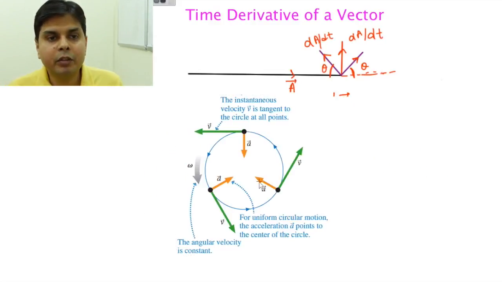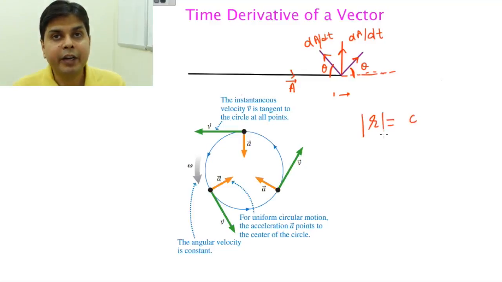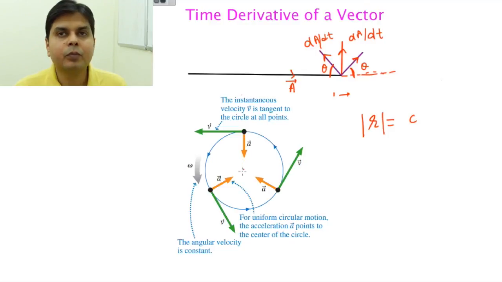In circular motion, the radius is constant, that is, r is equal to constant, modulus of r. So since the radius is constant in circular motion, the velocity vector has to be tangent to the position vector, and the position vector is given by the r vector. So everywhere you see it will be tangent. Similarly, suppose the circular motion is uniform, that is, modulus of v is also constant, some other constant c1.